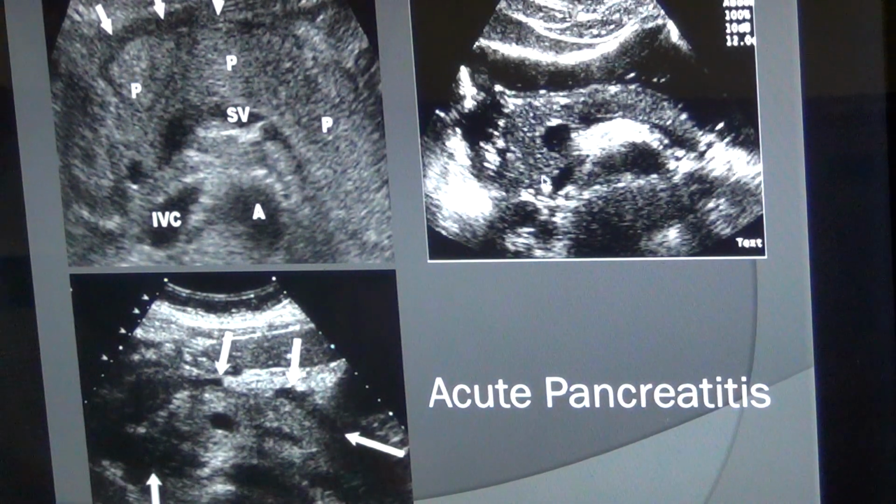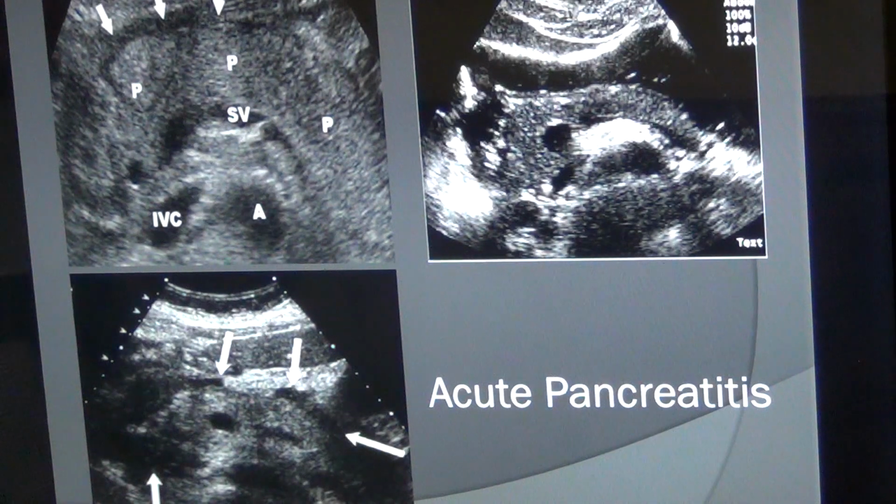So this is the IVC here, this is the aorta, this should be the portal confluence, this is the splenic vein, and these are the fluid collections. We call it a pseudo pancreatic cyst.